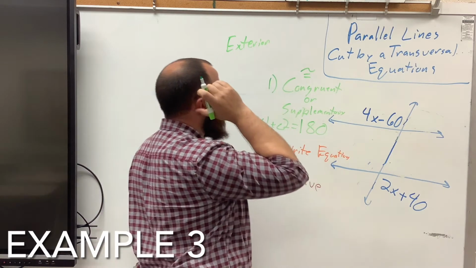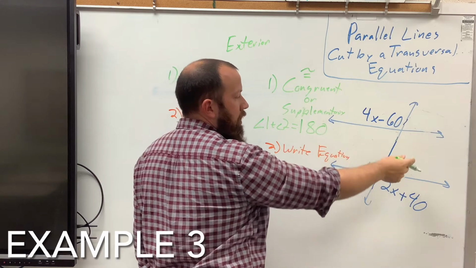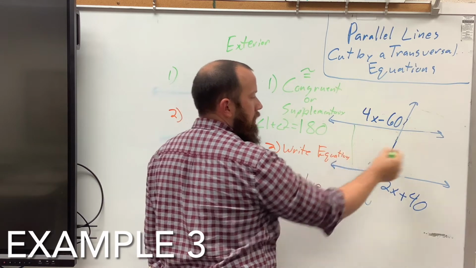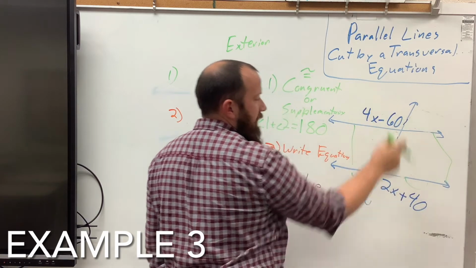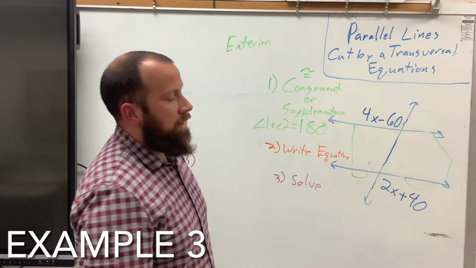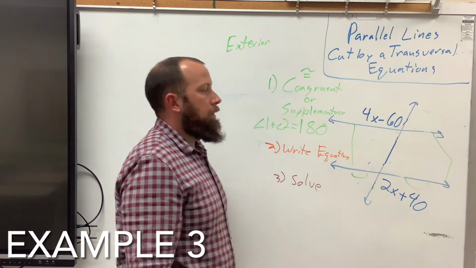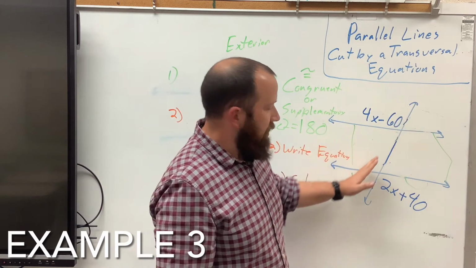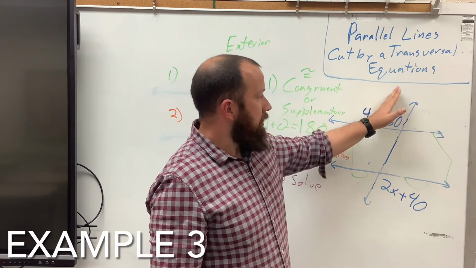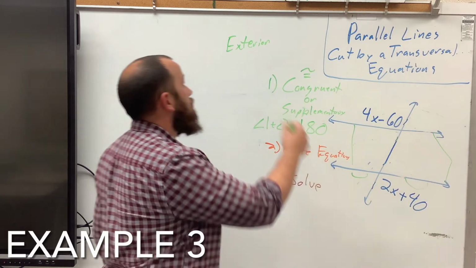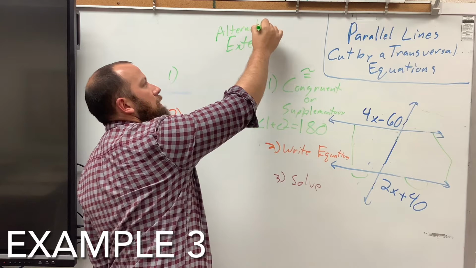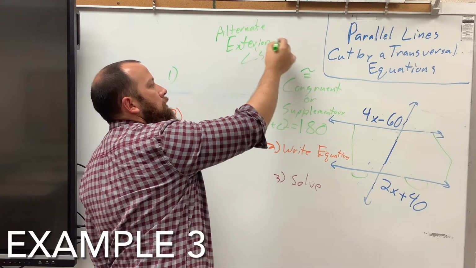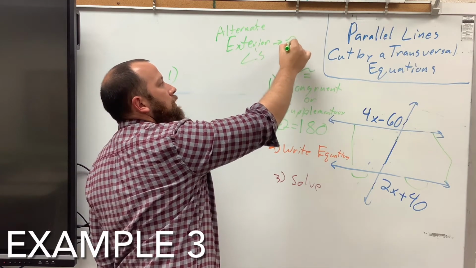If you don't understand what that means, draw this as a car, and anything inside here is interior, anything outside is exterior. Are they on the same side of this line? No. This is on one side, this is on the other. So they're alternate because they're on opposite sides, exterior angles, which means they are congruent.